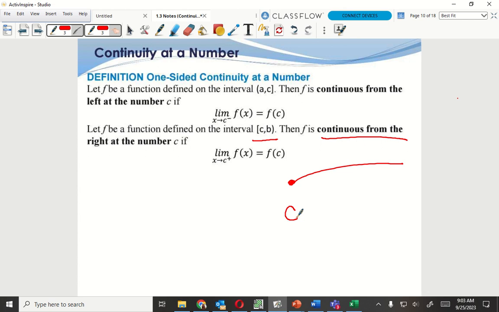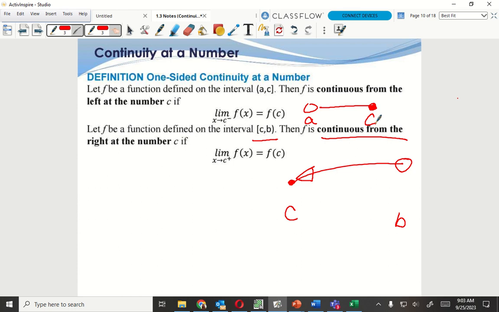And the limit from the right-hand side is going to this point right here, C. So it is continuous over the interval of closed C to open B. That's what that one looks like. This one up here would look the other way. So it is open A, and it goes to closed C, like that.